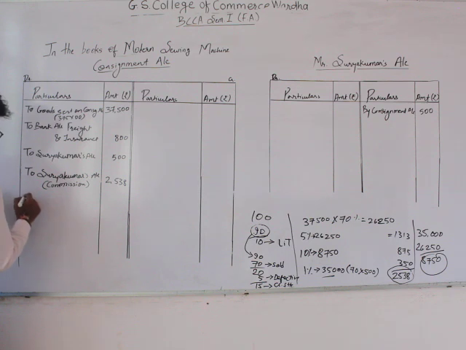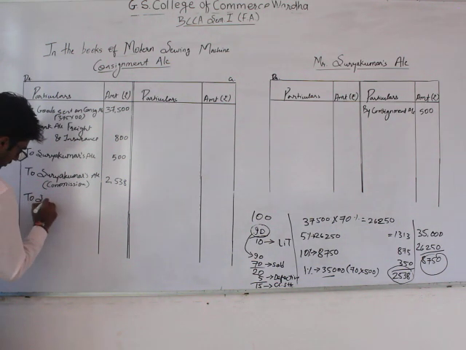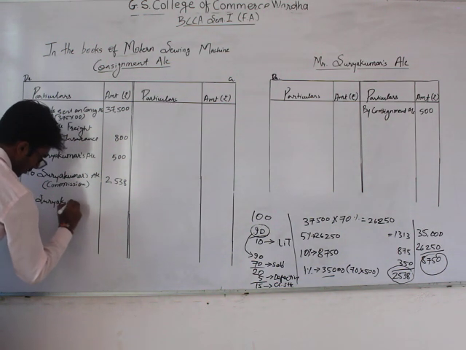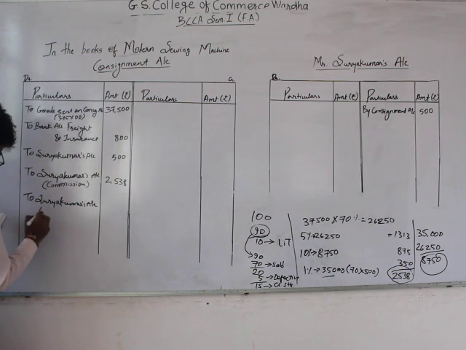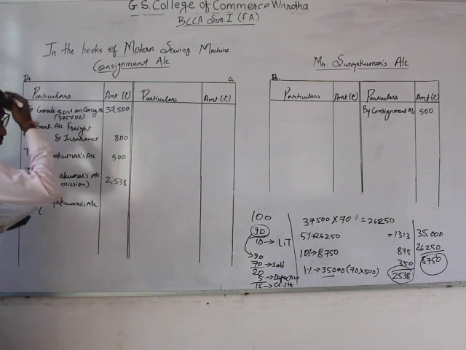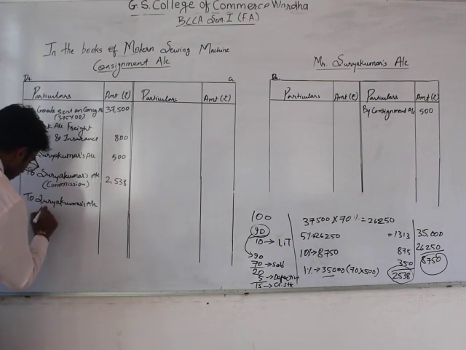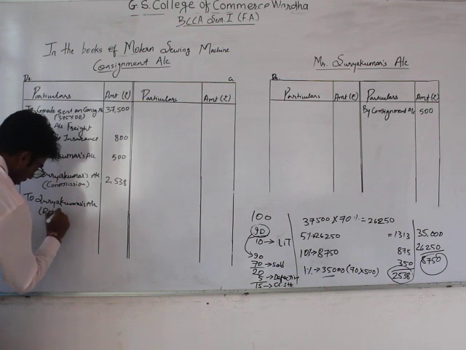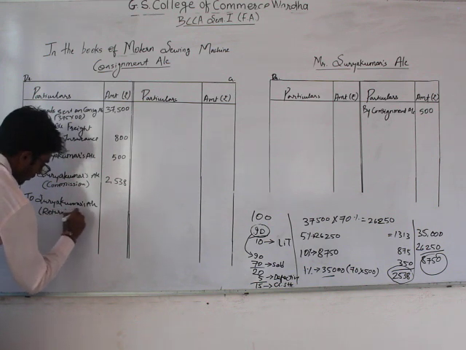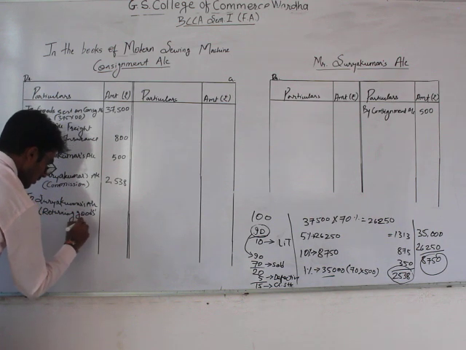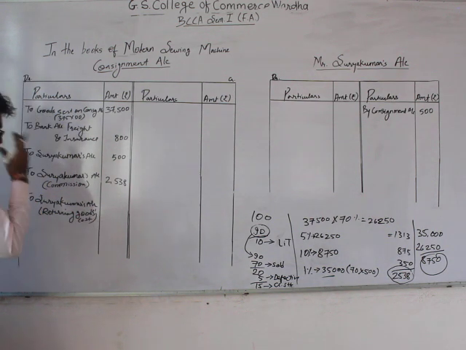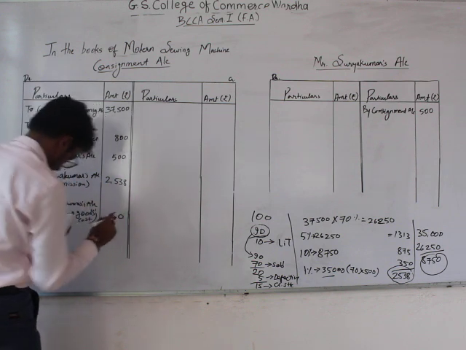So again we write Surya Kumar's account, for the purpose of returning goods cost, and that is rupees 60 only.